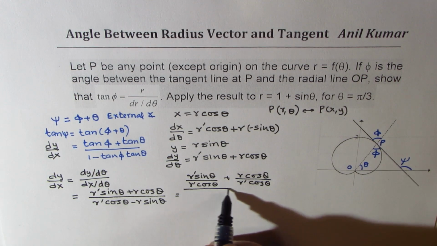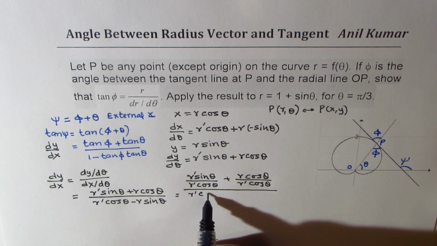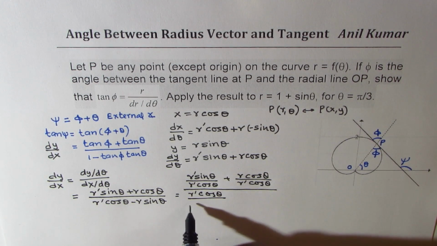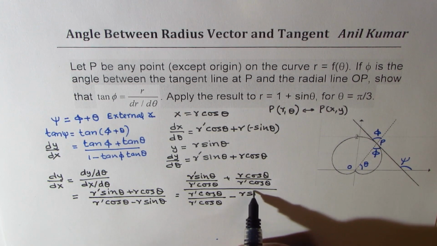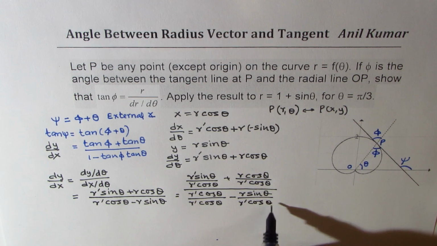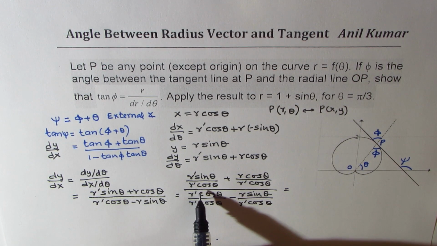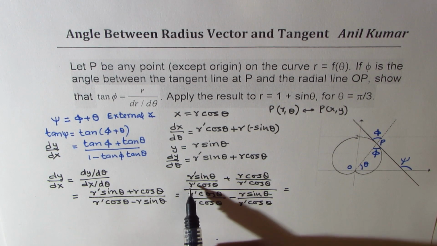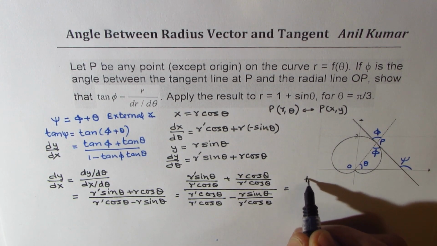So both the numerator and denominator are divided by r dash cos theta, minus r sine theta divided by r dash cos theta. Perfect. Now the first term, r dash cancels away, and we get tan theta here.